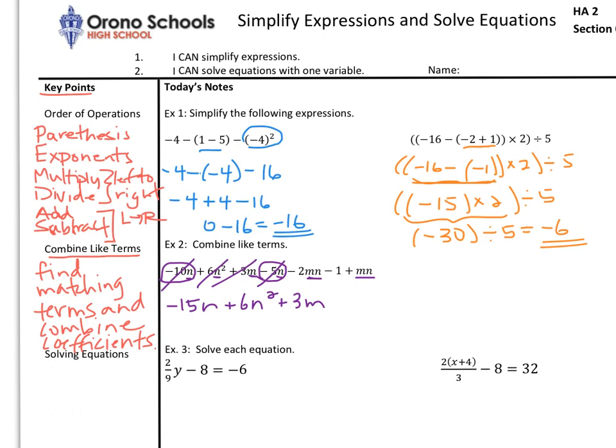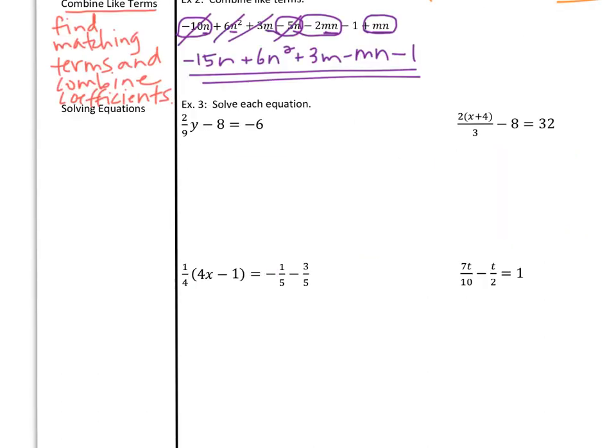That would mean it's negative 2 plus 1, which means it would be negative 1 mn, or minus mn. And then we have a constant of negative 1, and that would just put us at minus 1 at the end. There's no standard form to put this in or any particular order yet, so you can write them in any order as long as your coefficient matches.